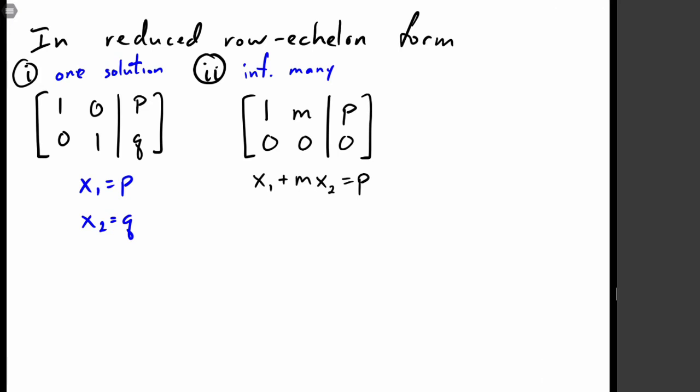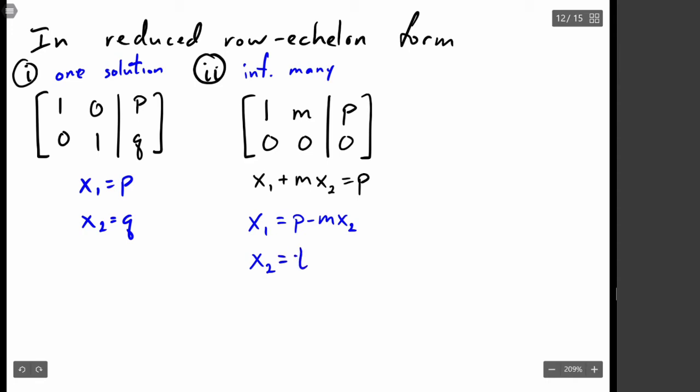So what we have to do here is use a parameter. Since x1 is really easy to solve for here, it's going to be p minus m x2. What we do is we set x2 equal to t, and then x1 is just p minus m t. And that's going to be that solution.